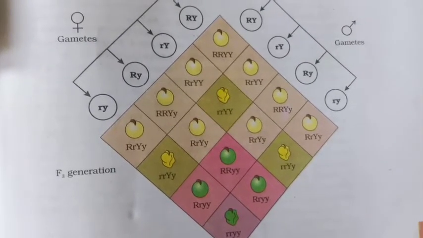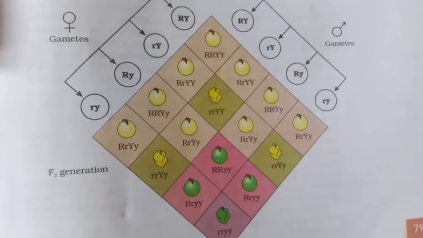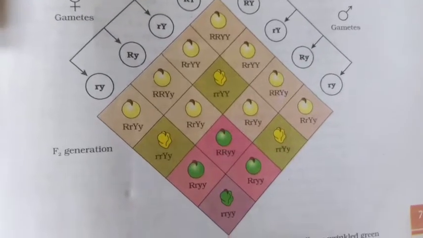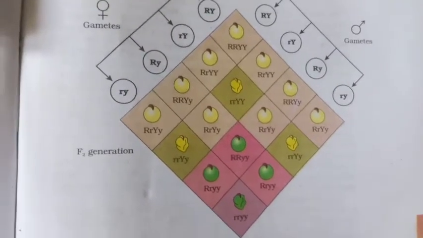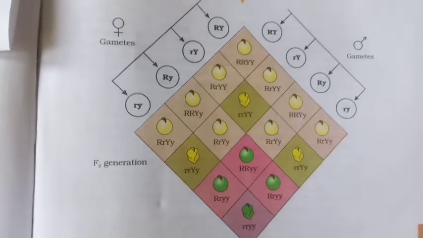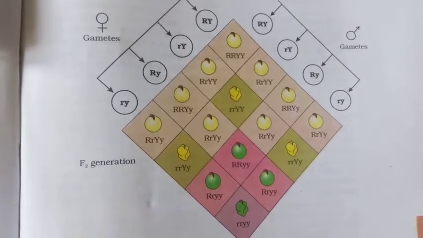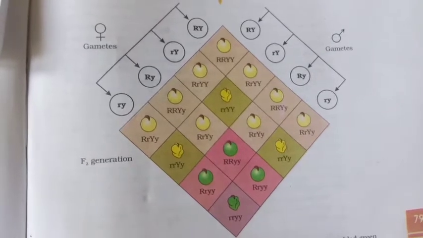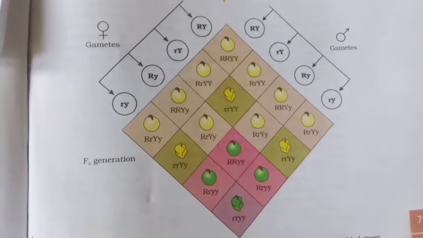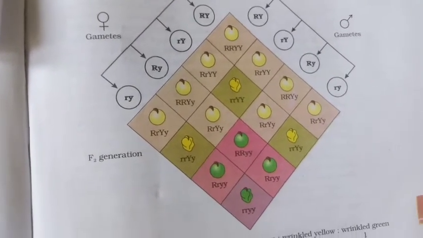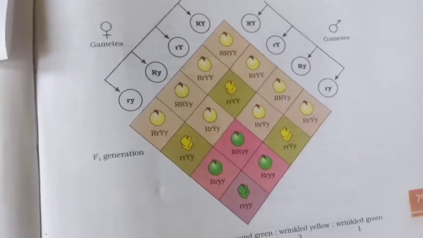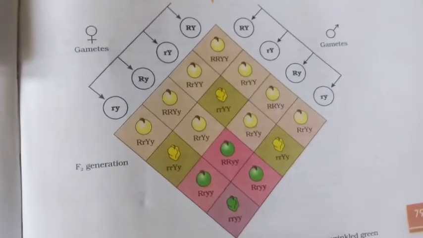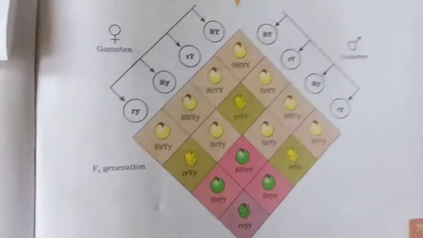There are 16 squares if you count them, and out of 16, 9 were yellow round, 3 were wrinkled yellow, 3 round green, and only 1 was wrinkled green.